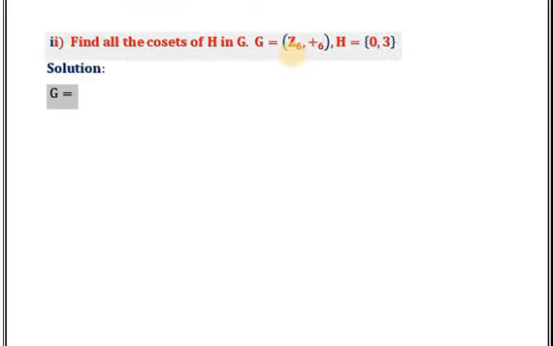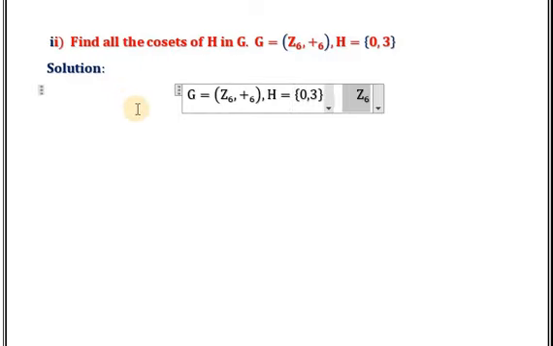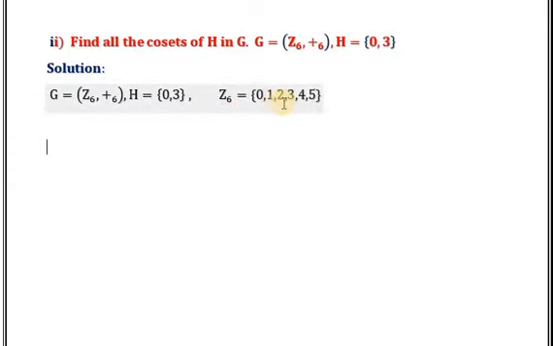We have to write the residues of Z6, the elements of the set G. So G is equal to Z6 under plus 6, and H is equal to the given set {0, 3}. This is given. Now let us write the residue set Z6 is equal to {0, 1, 2, 3, 4, 5}. These are the elements of Z6.